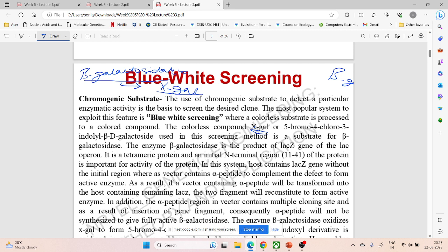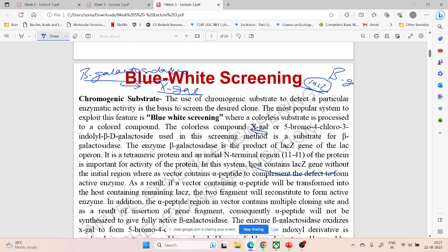So in whatever host strain we are using, the lacZ gene is non-functional. How is it non-functional? Because the N-terminal region of the lacZ gene is not present there. Here it is written: the host contains the lacZ gene without the initial region, whereas the vector contains the alpha peptide to complement the defect and form the active enzyme.